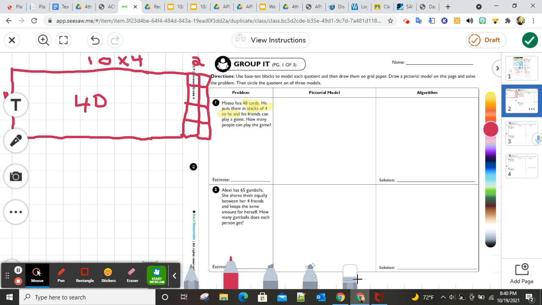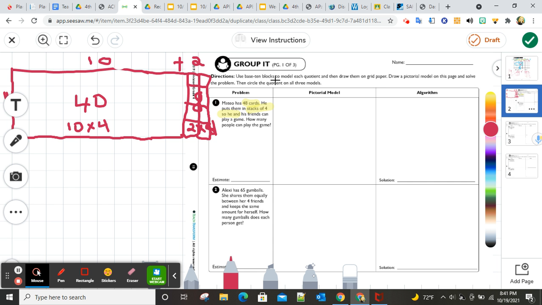I'm going to erase this because I'm going to put a plus 2 right here. And I'll put 10 times 4 down here and 2 times 4 over here. And I get 8 right here, which when we add 40 plus 8, we get 48. So there's my area model.